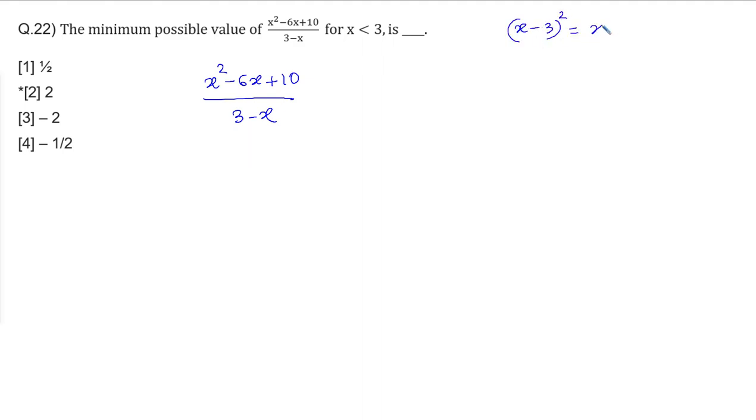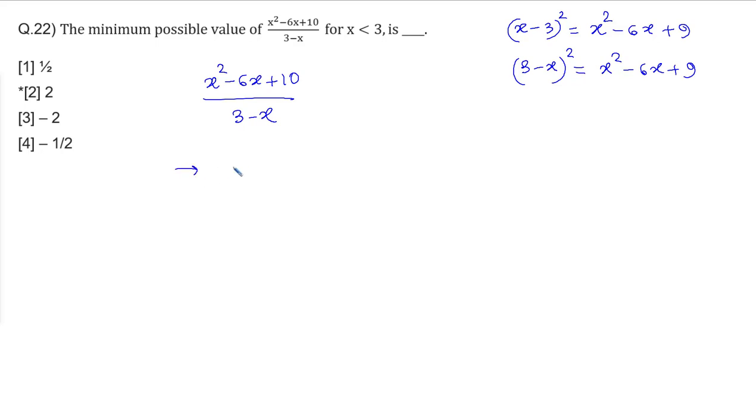That is equal to x square minus 6x plus 9, everyone. So numerator I can write (x minus 3) bracket square plus 1, or (x minus 3) bracket square and (3 minus x) bracket square, both are the same thing.